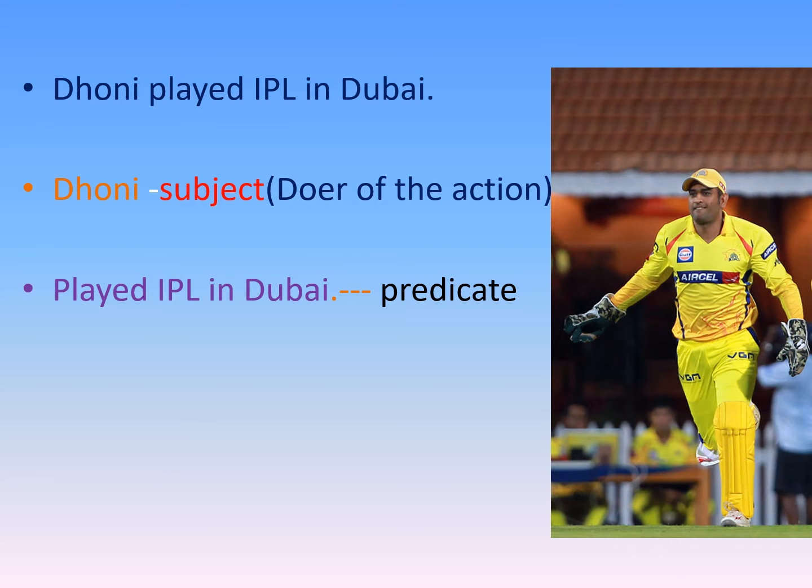What is predicate? Predicate is a part of the sentence that says something about the subject of that sentence. Here, played IPL in Dubai is saying something about the subject Dhoni. So, we call this part a predicate.